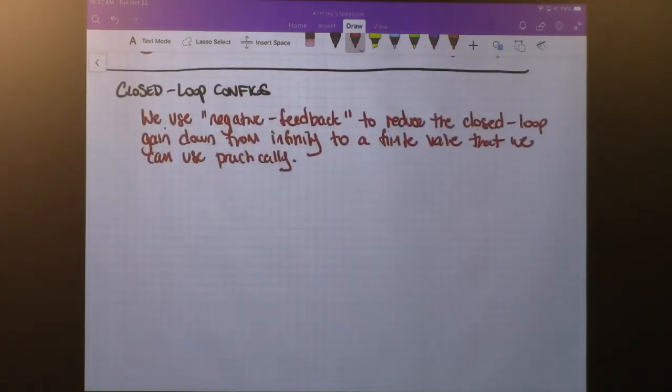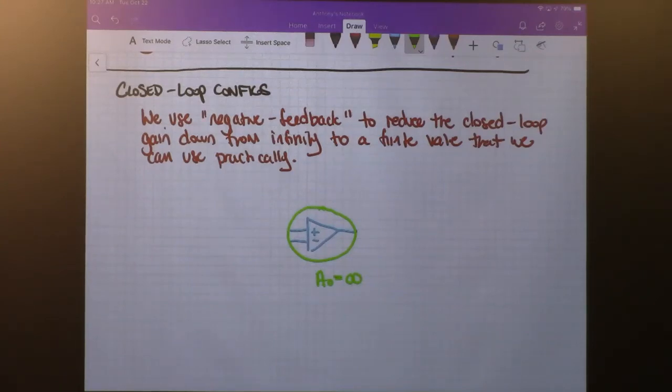So we have an op-amp, looks like this. The gain for this op-amp equals infinity.